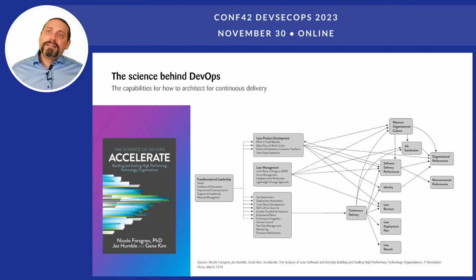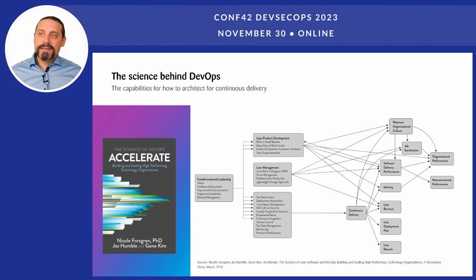Already identifying these 24 key capabilities was quite amazing, but they also drew that picture which you can see here, and they also found out the relationship between these key capabilities.